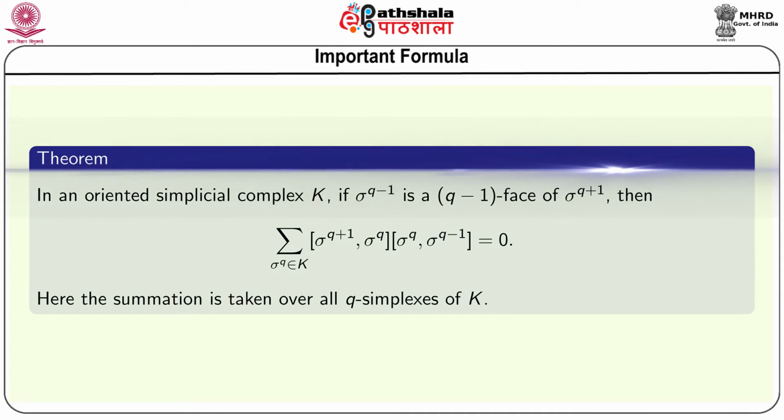In an oriented simplicial complex K, if sigma q minus 1 is a q minus 1 face of sigma q plus 1, then the summation of the products of the incidence numbers of sigma q plus 1 with sigma q and sigma q with sigma q minus 1 is equal to 0, where sigma q is varying over the whole of K.